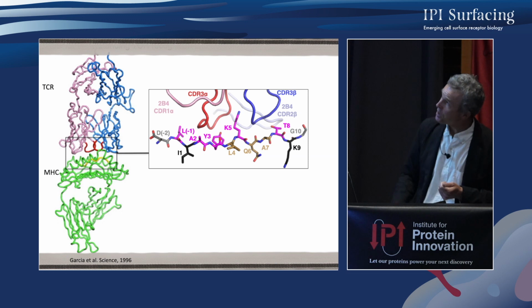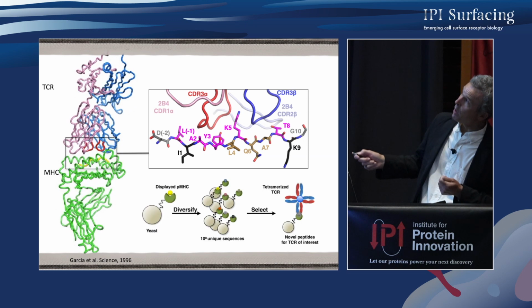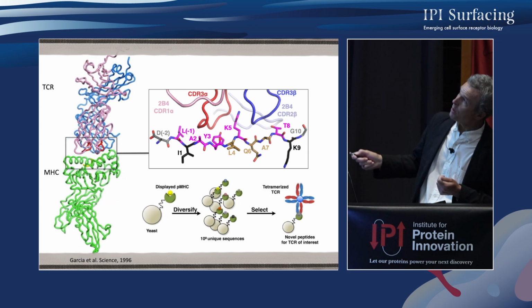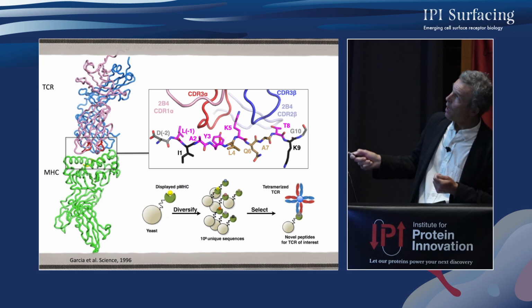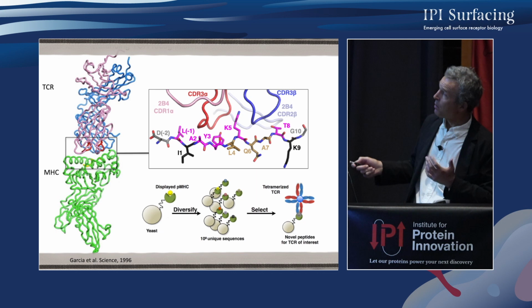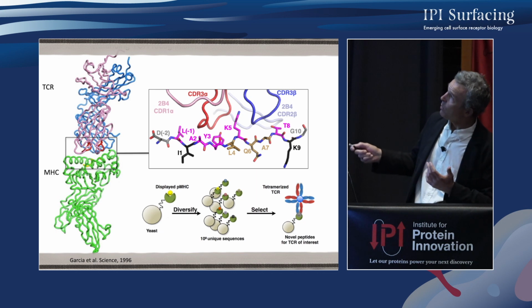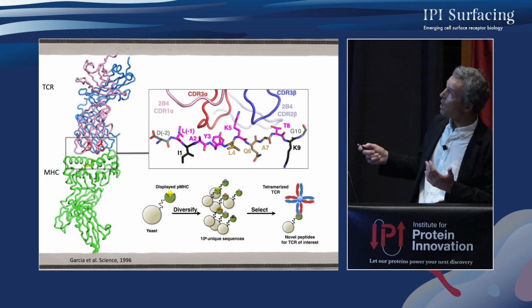It's a yeast display system where we're able to display billions of peptides presented by MHC on yeast. Steve Elledge has developed similar systems, and we're able to then screen these against T cell receptors and identify sometimes endogenous ligands, surrogate peptides, and profile their cross-reactivity.